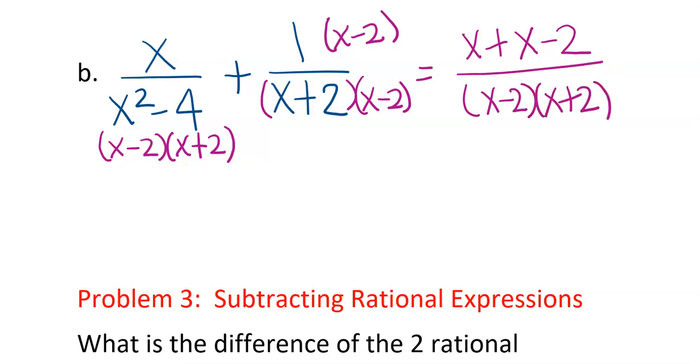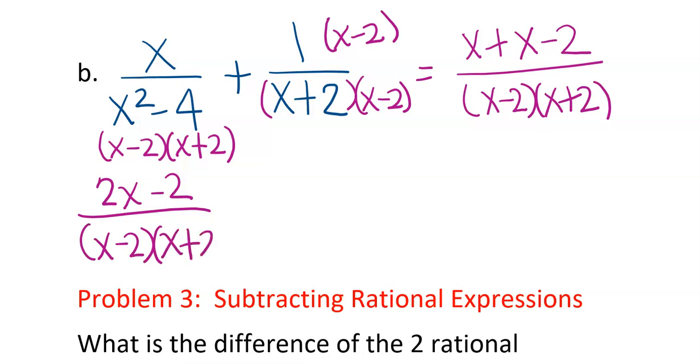I'm going to put the like terms together. 2x minus 2. Which looks like you can factor a 2 out of the numerator.